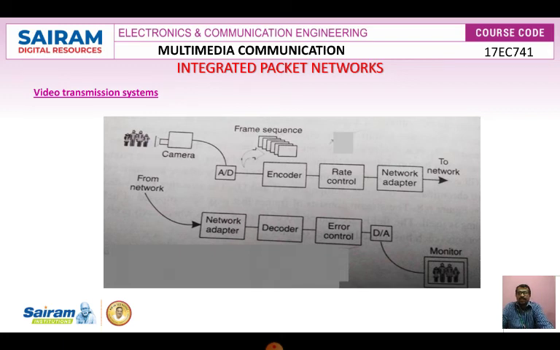This is the transmitting side, and this is the reception side, where the frames from the network are received through the network adapter, then given to the decoder, then to the error control, then the digital to analog conversion takes place, then it is either displayed on the monitor or stored in the system. So like that the transmission takes place.